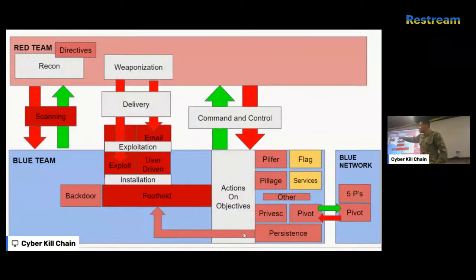So recon and weaponization, that obviously happens on our side. We're not going out to them to do that. We can do that from our network pretty easily. The only part of recon that you can't is scanning. There's different types of scanning, passive and active. Passive is really not noticeable scanning that you can do of an adversarial network, whereas active scanning will most definitely show up.